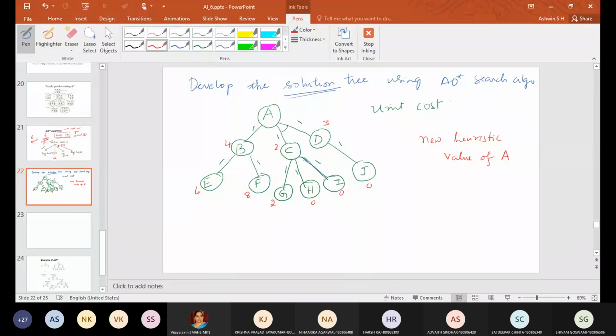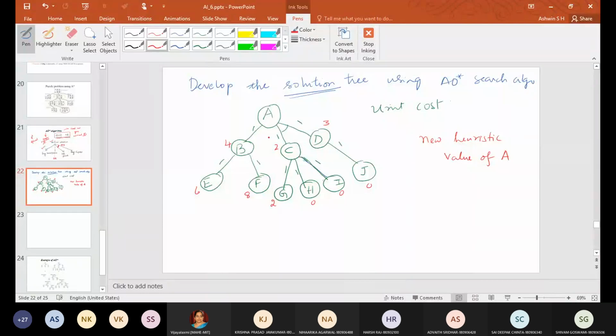You start from A, proceed towards this, then explore towards B or E or whatever it is, then you calculate back the heuristic value of A. That will give you the cost. Let us see how to do it.